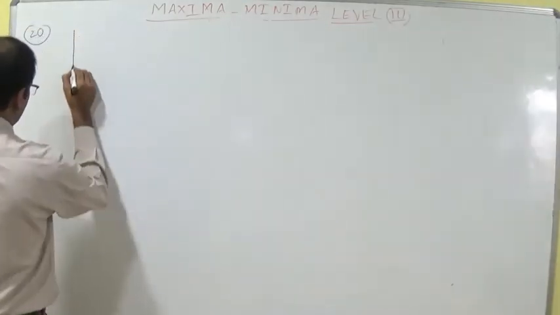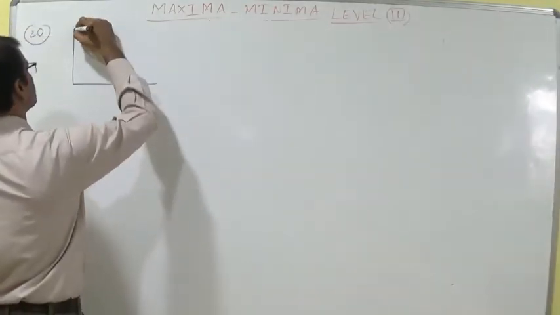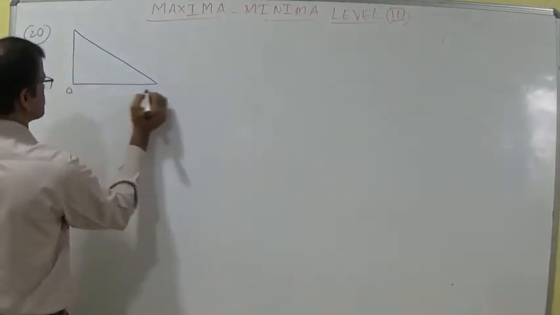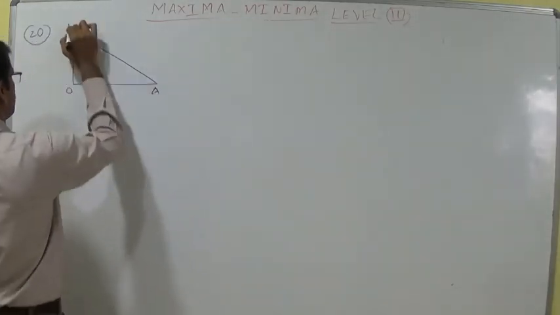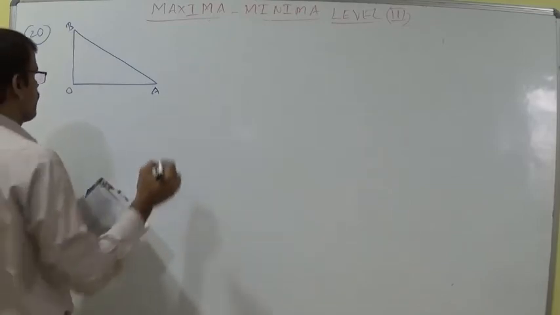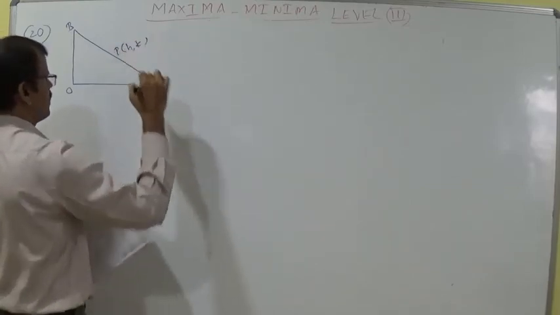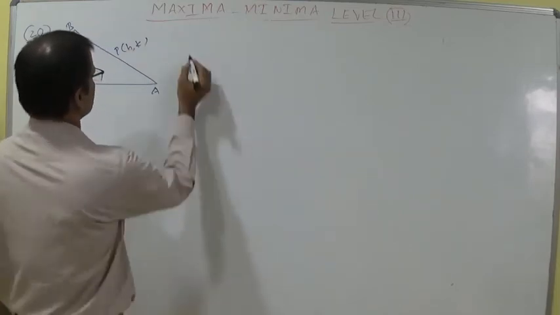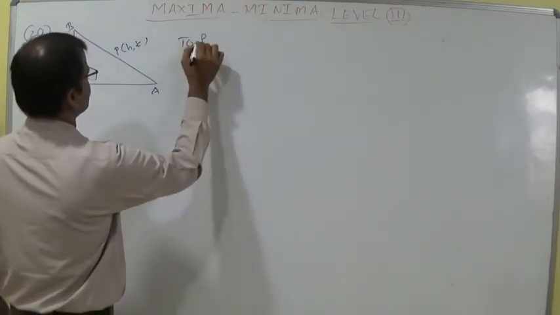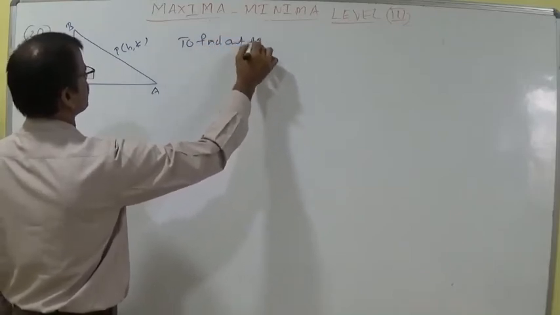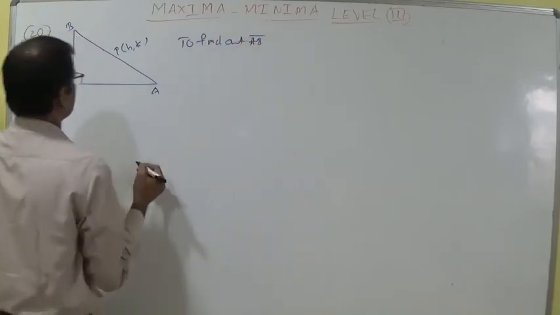Let us draw the diagram like this. He has given the hint that everything is in the first quadrant. Let here be O, A, B. The point P he has given as h comma k. You should calculate AB. So the AB distance you should calculate.